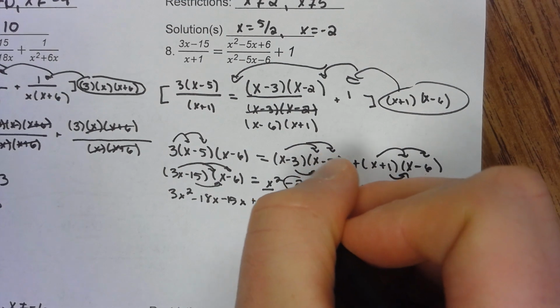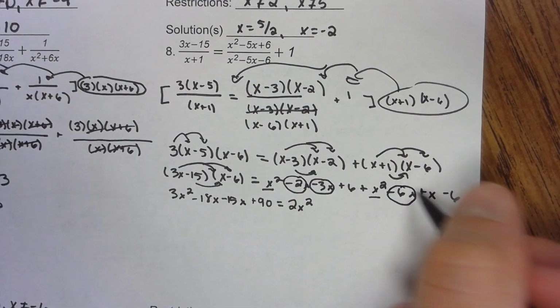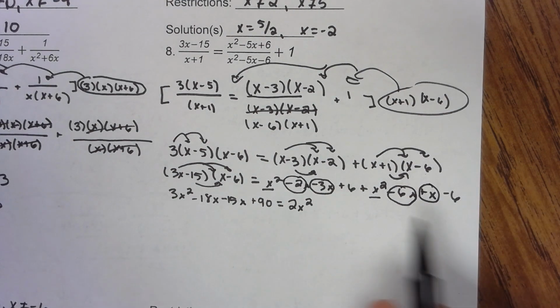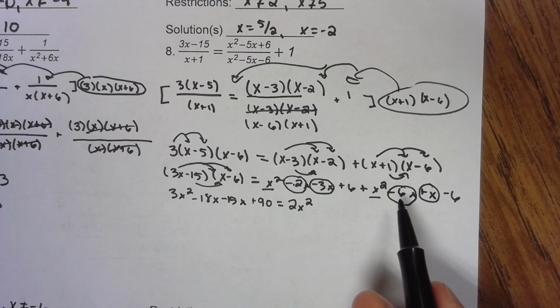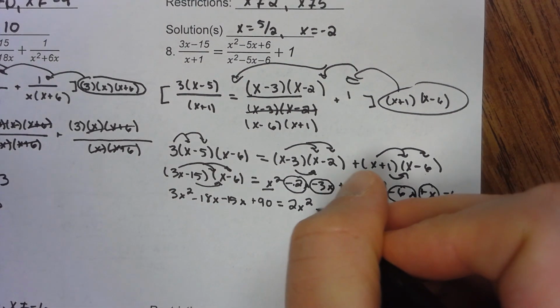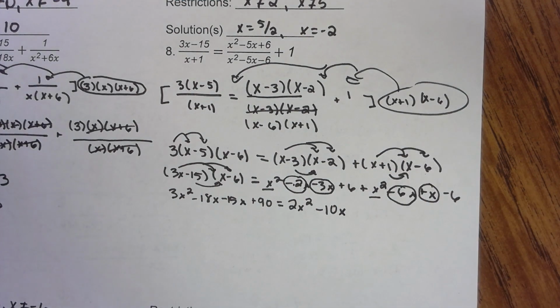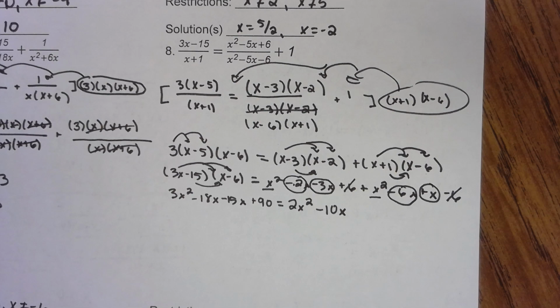Then I have a negative 2x, a negative 3x, a negative 6x, and a positive x. So that's negative 2 minus 3 is negative 5, minus 6 is negative 11, plus 1 is negative 10, so negative 10x. And then the 6 minus 6 cancels out.